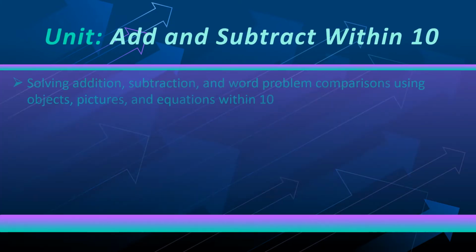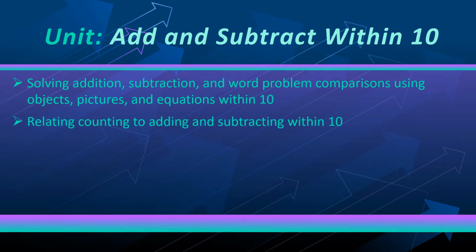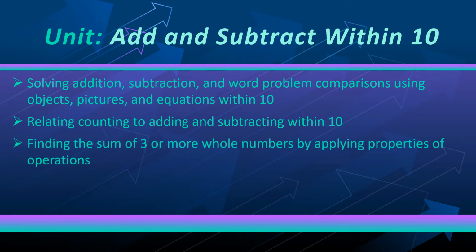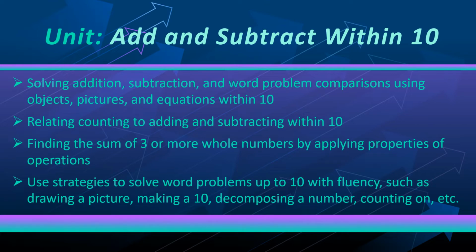This first grade unit of study will encompass the following key learning goals: solving addition and subtraction word problems, including comparison using objects, pictures, and equations within 10, relating counting to add and subtract within 10, finding the sum of 3 or more whole numbers, and using strategies to solve word problems up to 10 with fluency, such as drawing a picture, making a 10, decomposing a number, counting on, etc. Notice that last bullet.